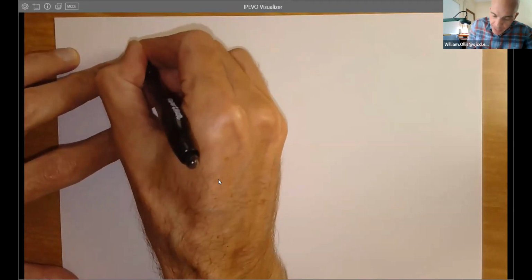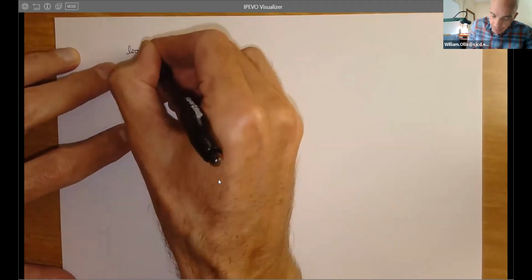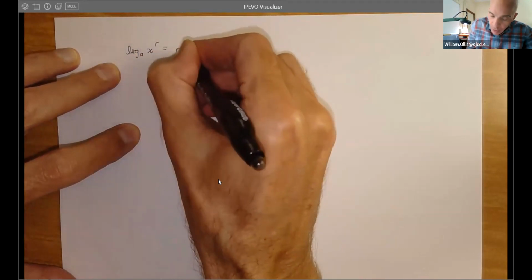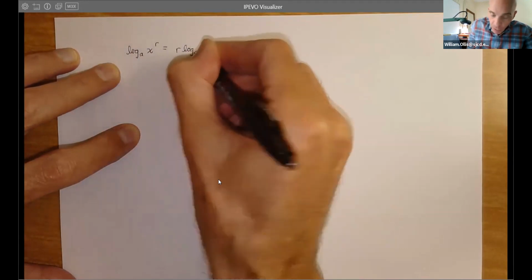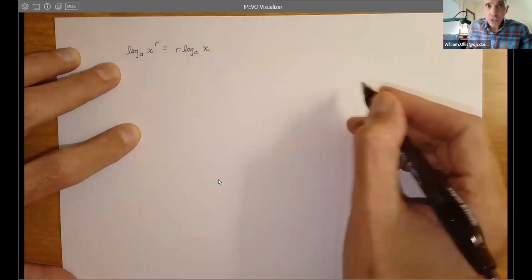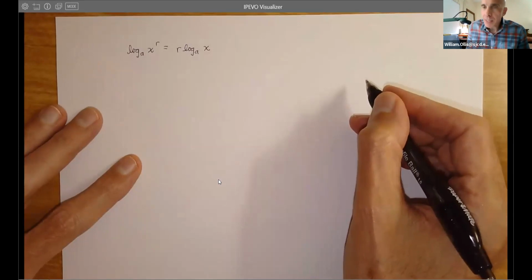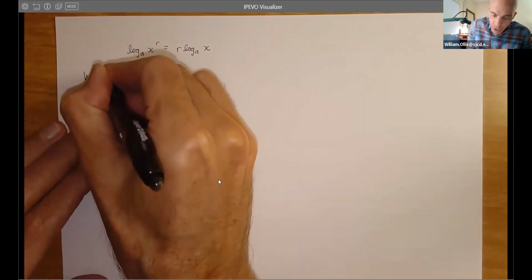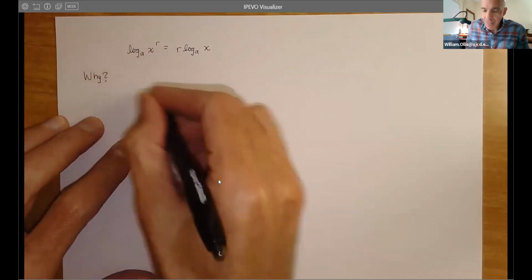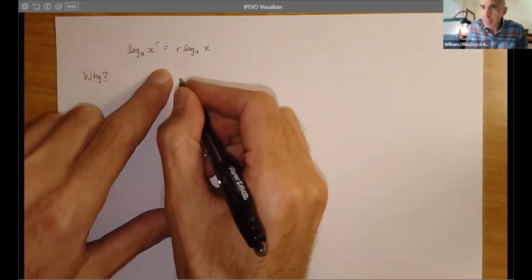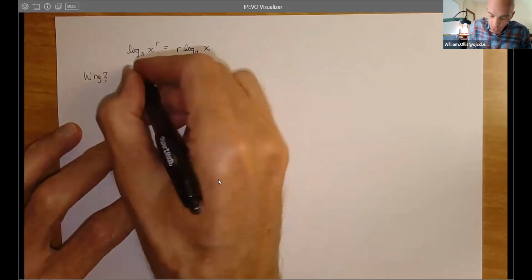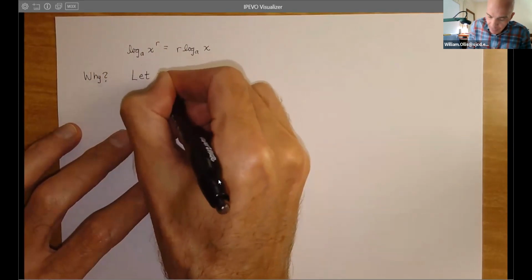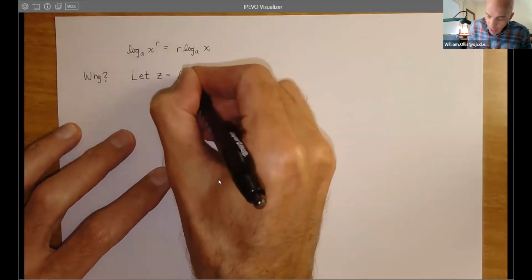So we have the base A logarithm of x to the r equals r times the base A logarithm of x. That's the power rule. So we'll say, why is this true? I mean, with what we've done so far, can we illustrate why this is actually the case? And we can do it. So we're going to let z be the base A logarithm of x.